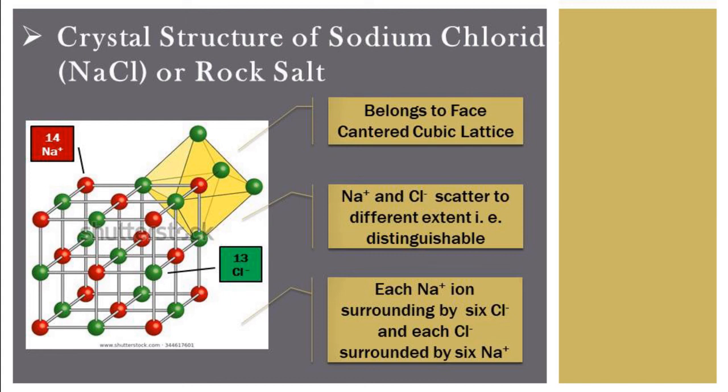In NaCl crystal, Na+ and Cl- scatter to different extents because of the different atomic numbers. That is, these are distinguishable. The third important aspect of the crystal structure of sodium chloride is that each sodium ion is surrounded by 6 chloride ions and each chloride ion is surrounded by 6 sodium ions.